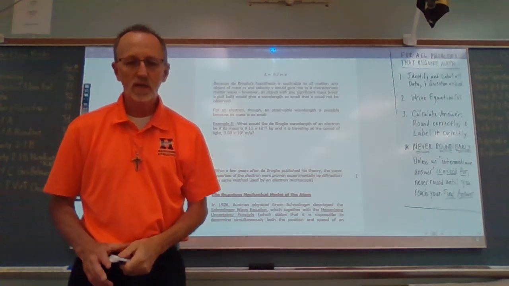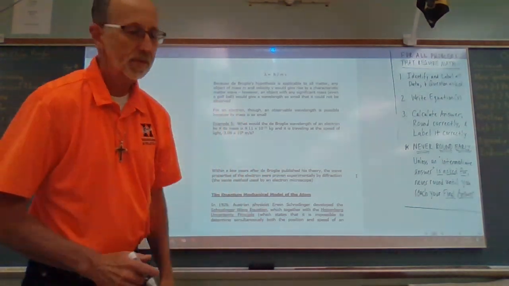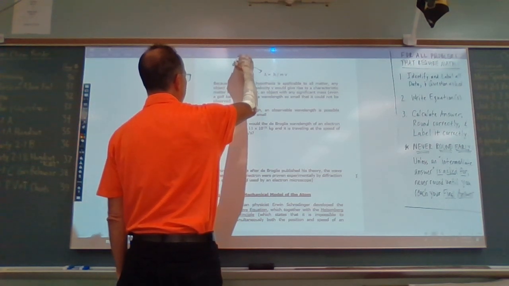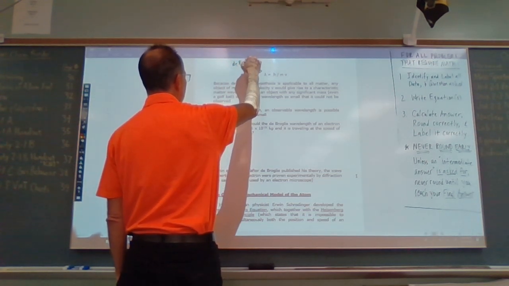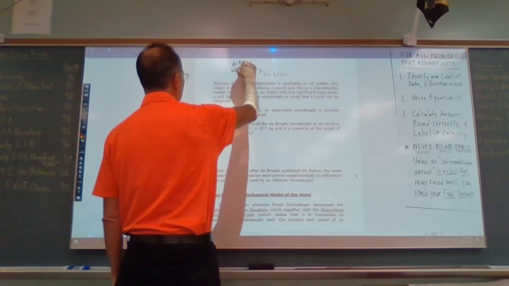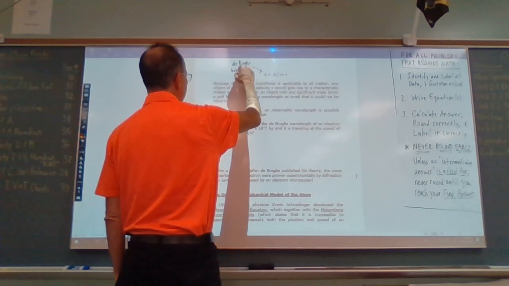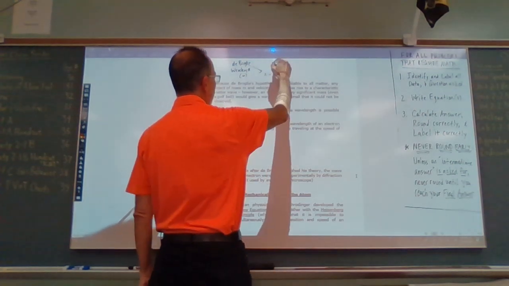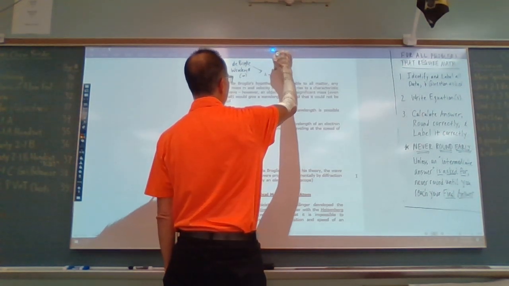This is the de Broglie equation, all right? And this wavelength here is named for him. It's called the de Broglie wavelength. Of course, it's like any other wavelength that's measured in meters. This, of course, is Planck's constant.